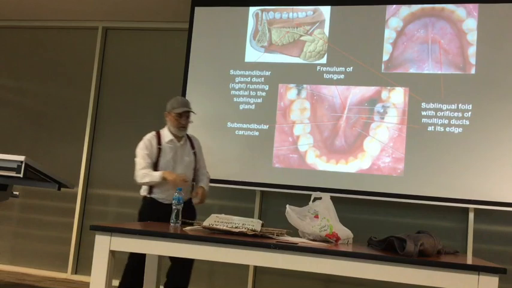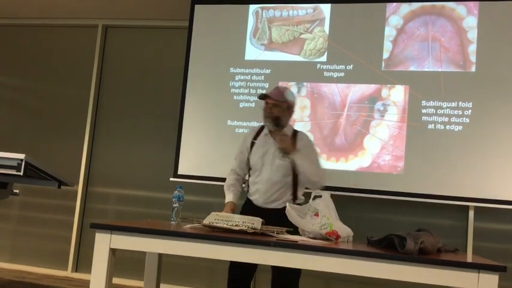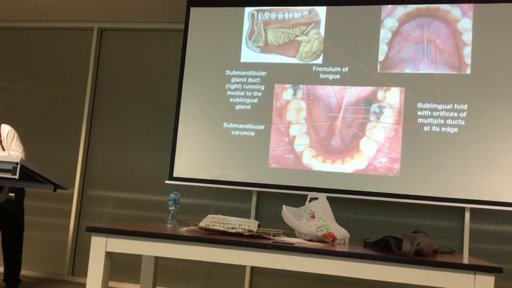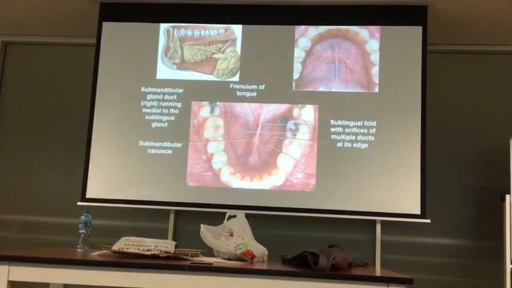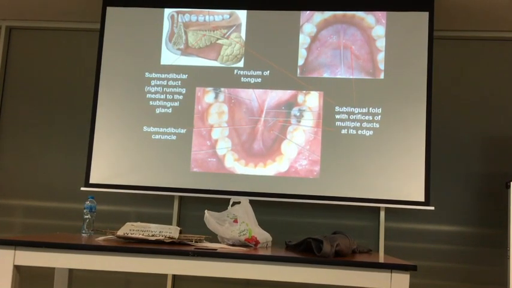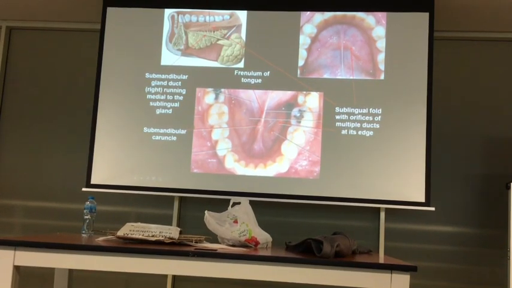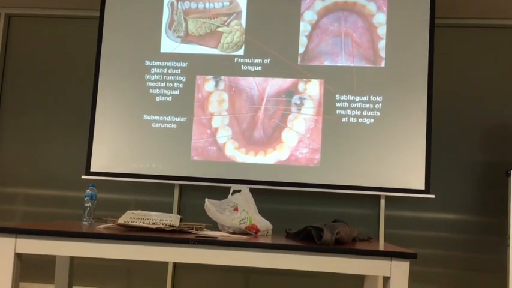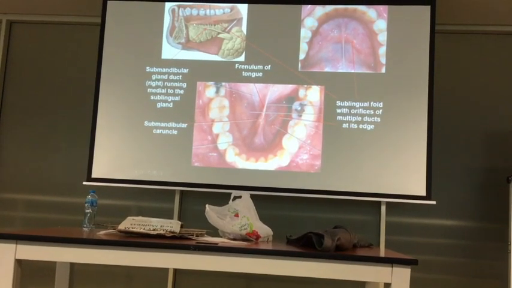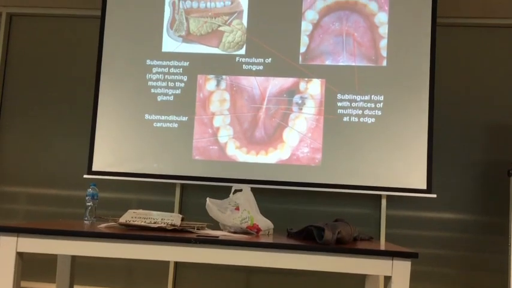So, this is the armchair. We call it in Arabic the arm of the couch, like you say armchair. So this is the couch, and the duct comes out of it, which is opening here.